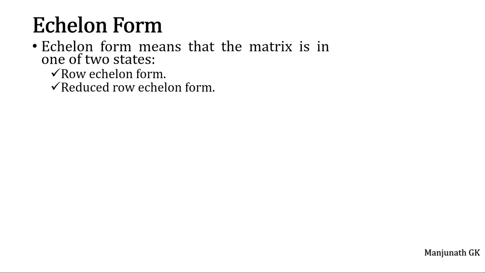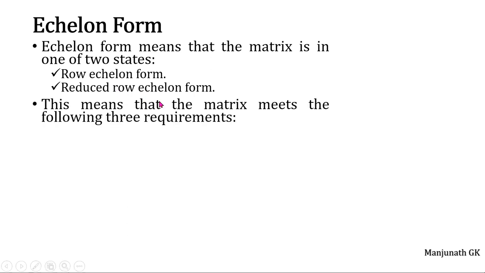All right, next we discuss the echelon form. Echelon form means that the matrix is in one of two states: row echelon form and reduced row echelon form. Echelon form and row echelon form are generally the same. The slight difference between reduced row echelon form and row echelon form will be discussed.